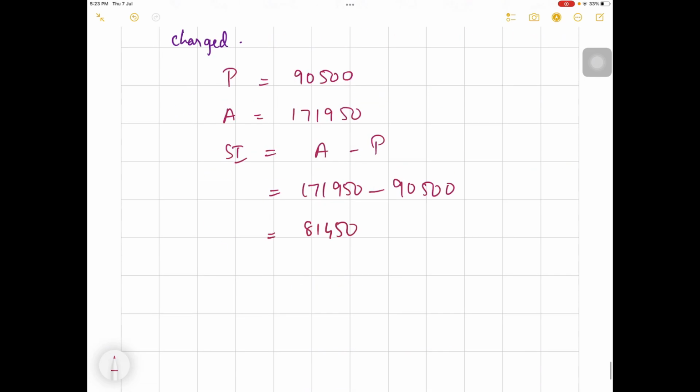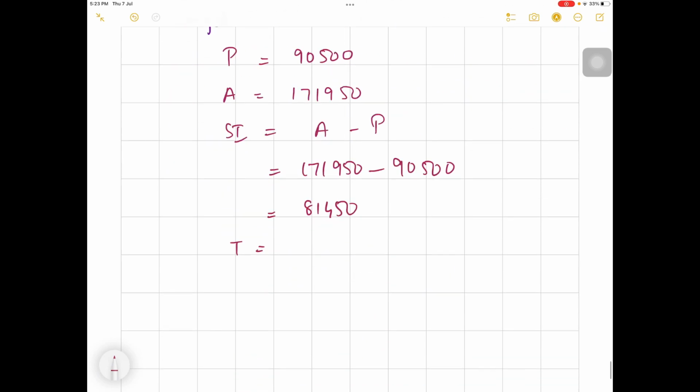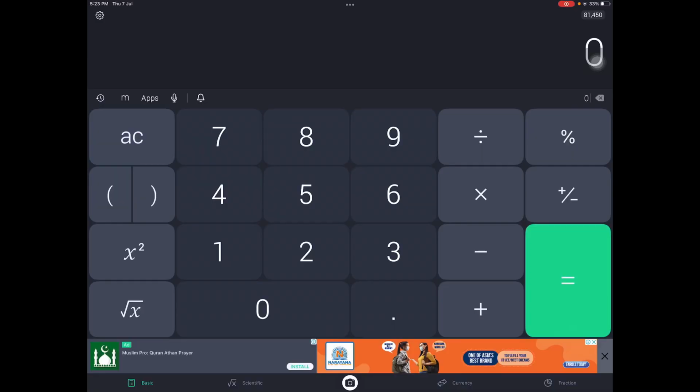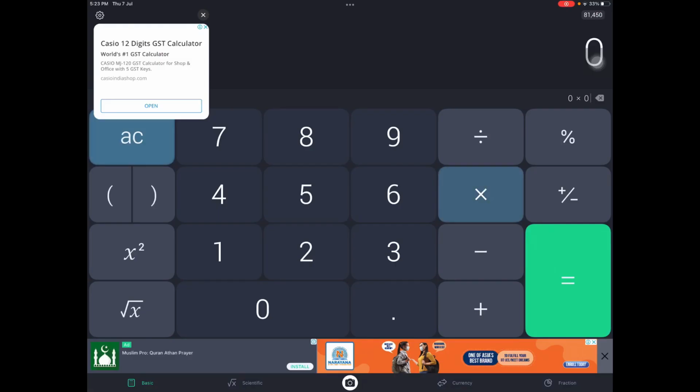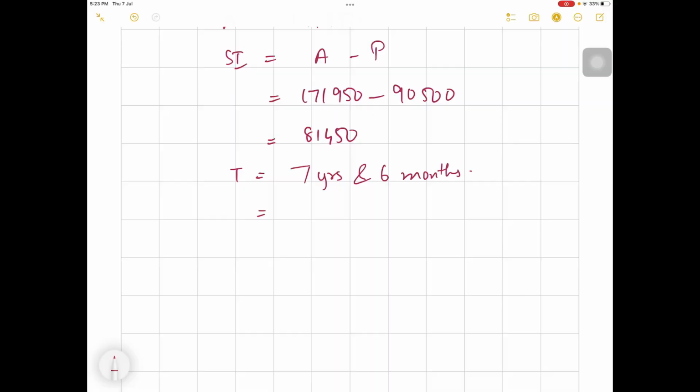Period, that is T, is given as 7 years and 6 months. 7 years is 7 into 12, which is 84. 84 plus 6 is 90 months.